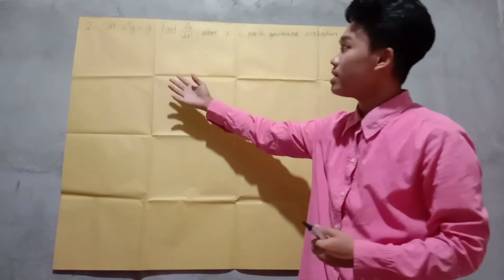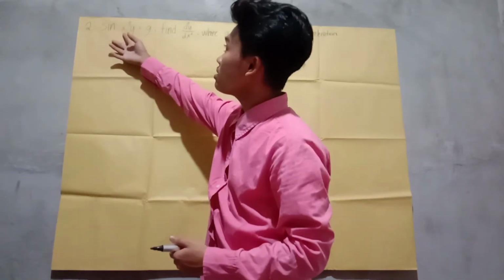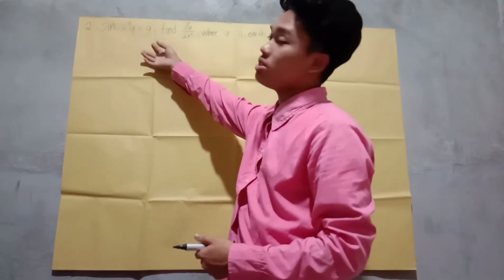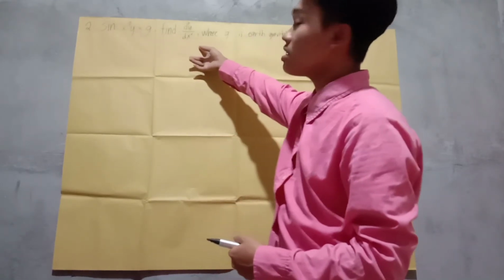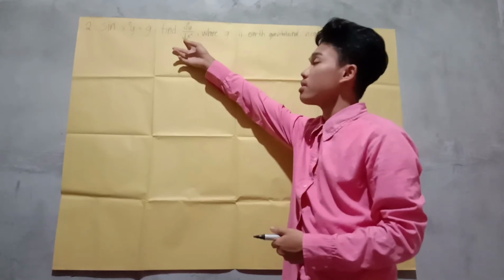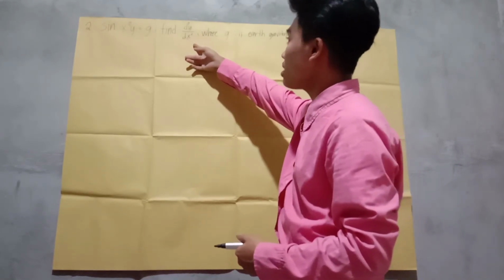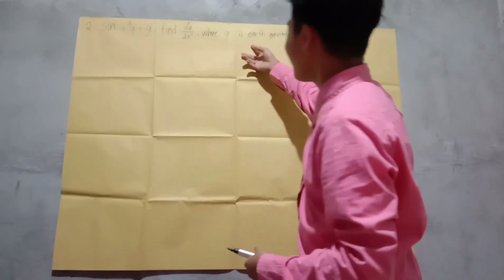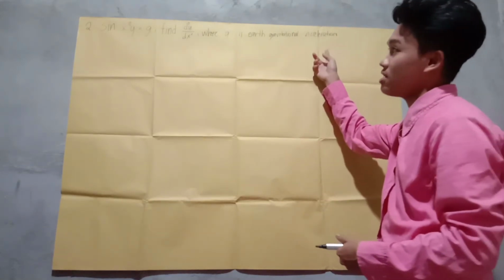So now we are in the number 2 question: sine of x squared y is equal to g, and find the second derivative of y with respect to x, where g is Earth's gravitational acceleration.